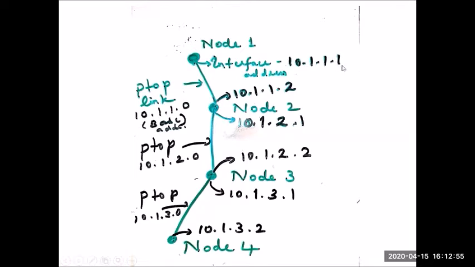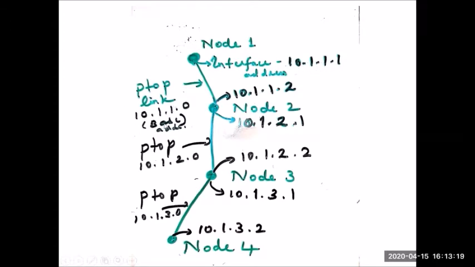See here, the change is only in the last digit. You can observe the first address given here to interface 1 is 10.1.1.1. The base address is 10.1.1.0. The first interface address, which is in node 1, is given 10.1.1.1.